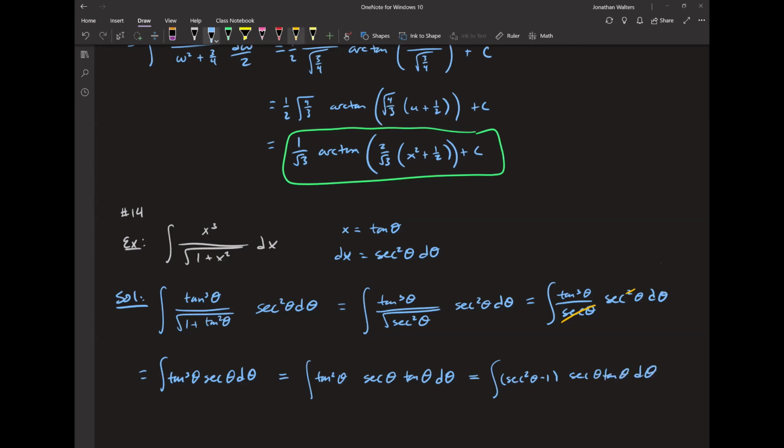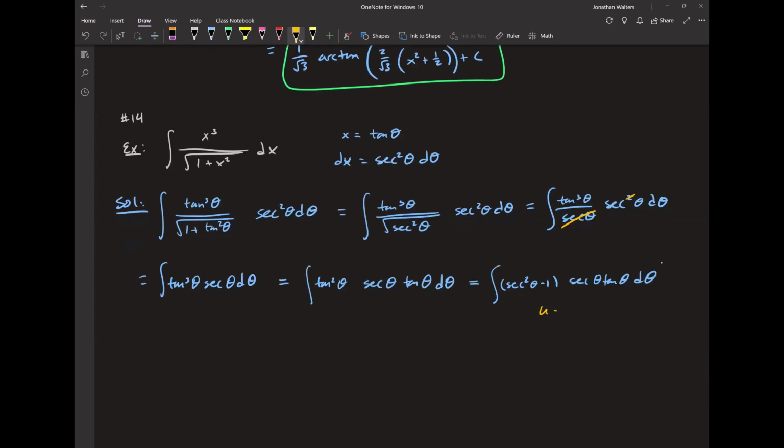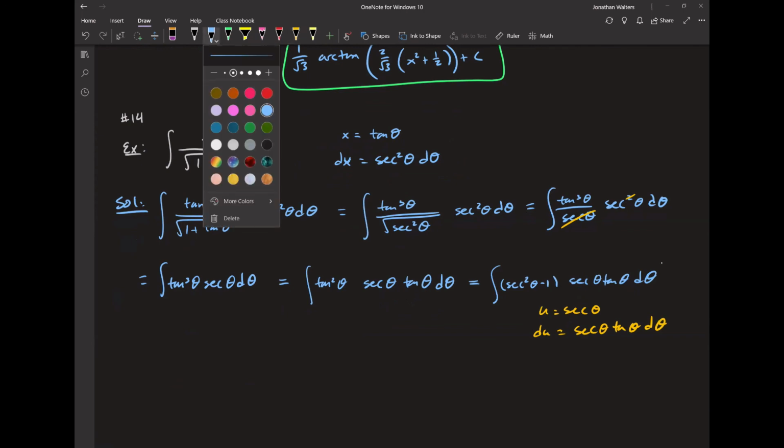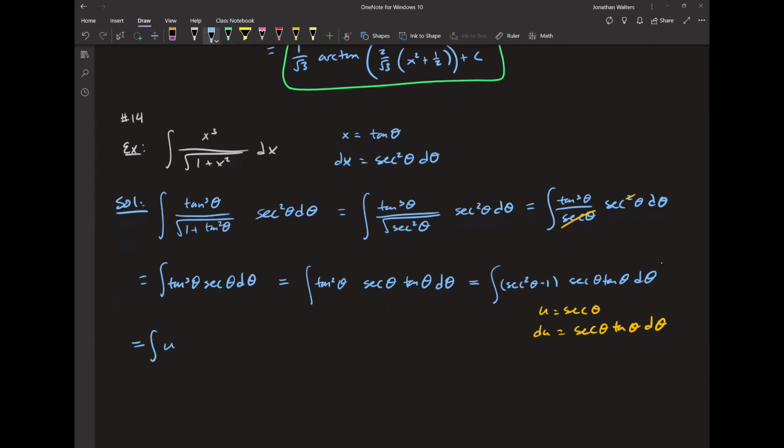So u equals secant theta. du is going to be secant theta tangent theta d theta. So this is going to become integral u squared minus 1 du, u cubed over 3 minus u plus c. And so that's secant cubed theta over 3 minus secant theta plus c.